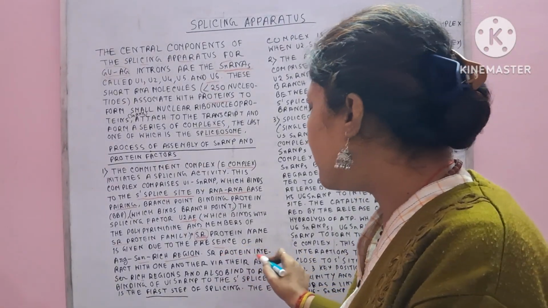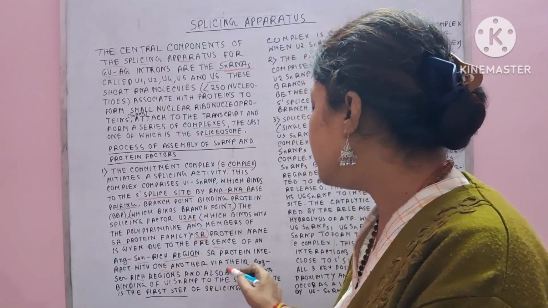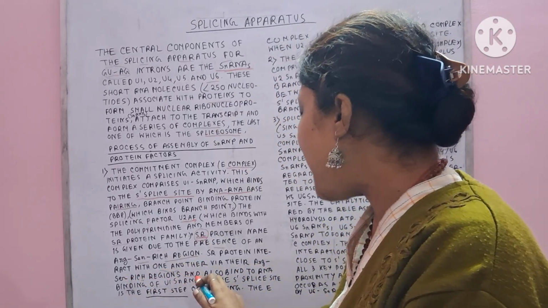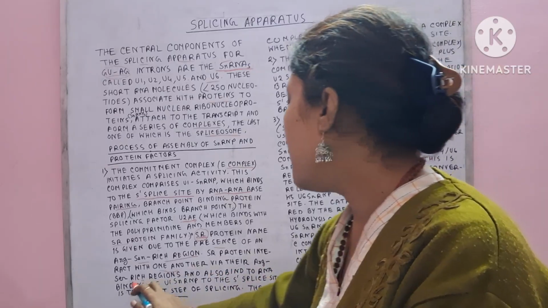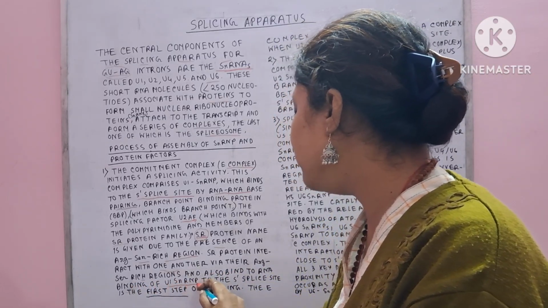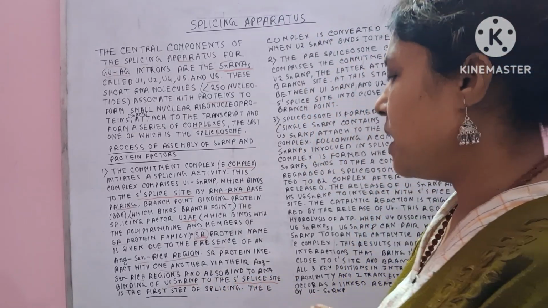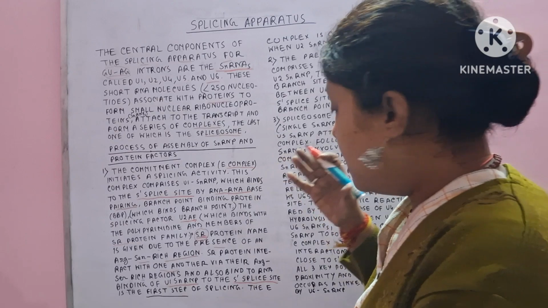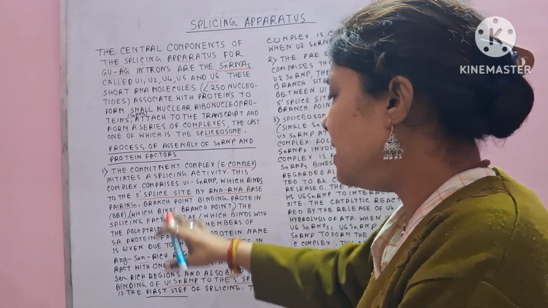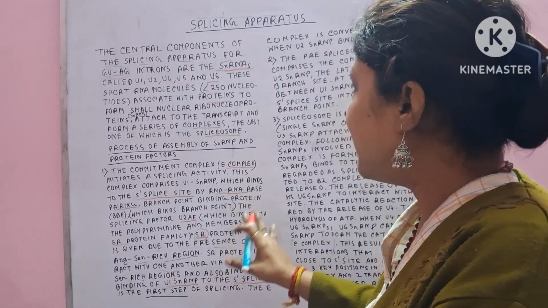Now, this SR protein interacts with where? It interacts with one another via their ARG ACR rich regions and also binds to the RNA binding of U1 snRNP to the 5 prime splice site. So what is happening here? The SR protein has an important role in the formation of the spliceosome, or splicing apparatus.